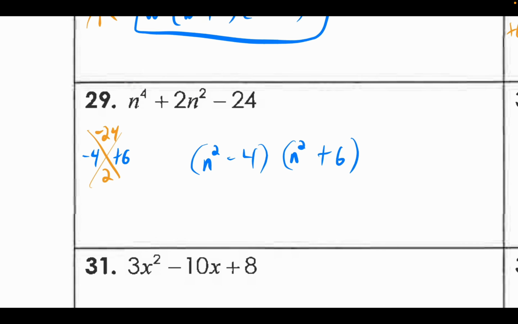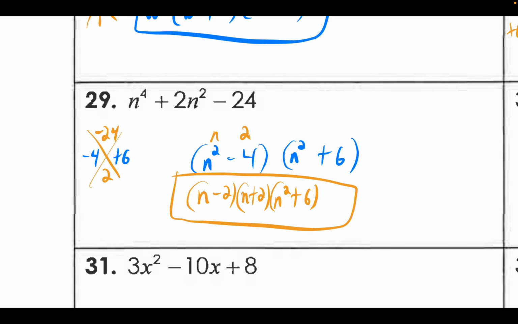We have to look for that when we have the opportunity. And so we say, oh, okay, that's n and 2. So it's n minus 2, n plus 2, and our other factor is n squared plus 6. And this would be our answer.